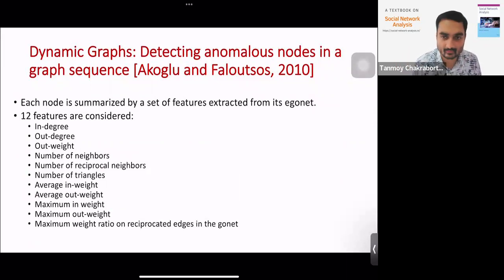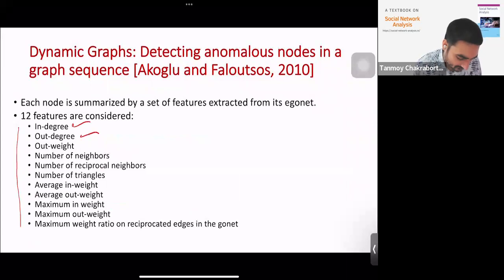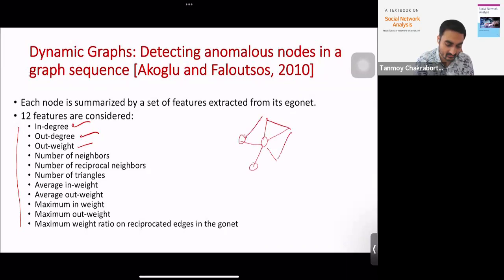Since this is a feature-based approach, they have manually curated 12 features: in degree, out degree, out weight, etc. But remember, these features are created for every ego net. So what they have done is, for every node, they first extracted the ego network. The ego network becomes an entity now. I hope you remember what an ego network is. You have the node and the corresponding one-hop neighbors and the connections between the one-hop neighbors, so the induced subgraph of the node and its one-hop neighbors.